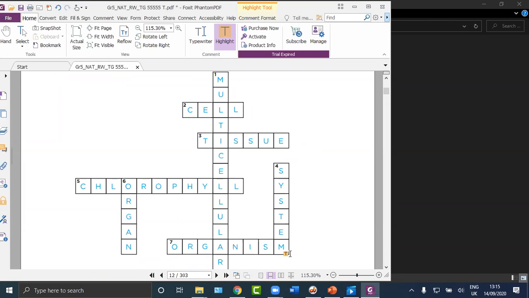Number 4, system. Number 5, chlorophyll. Number 6, organ. Number 7, organisms. Clear?